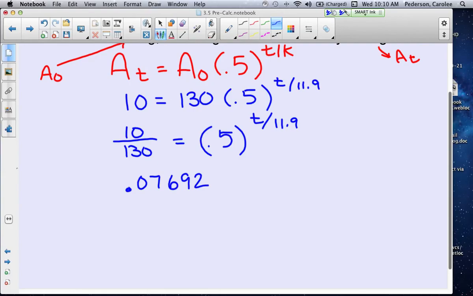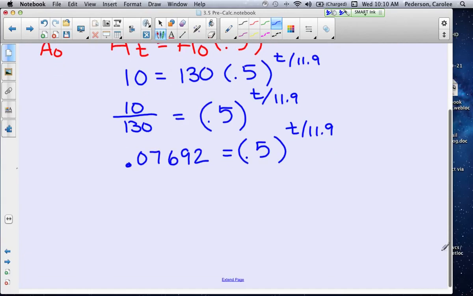So 10 divided by 130. What might I want to do next? How do you bring the exponent down in front? Yep, natural log both sides so you can bring that exponent down in front.